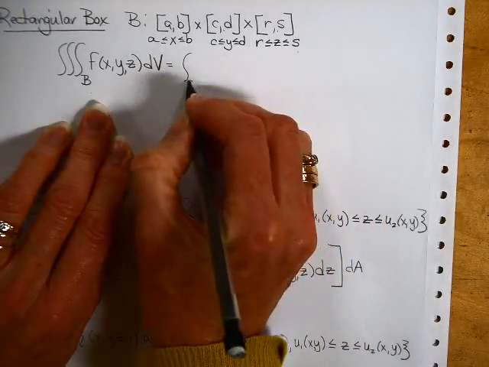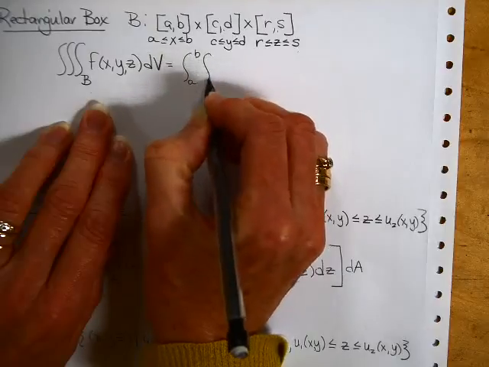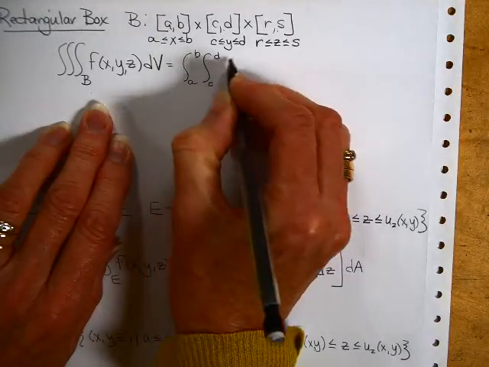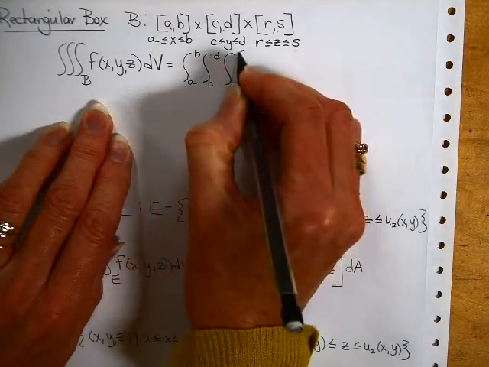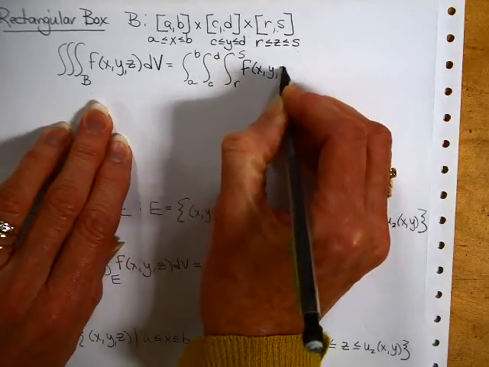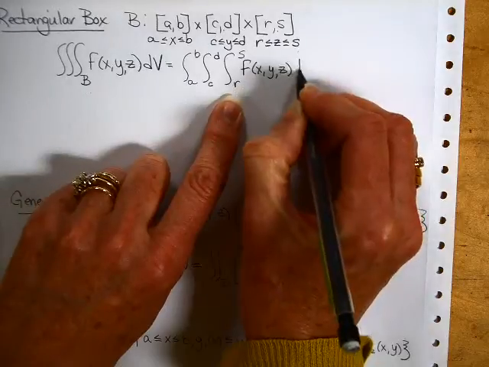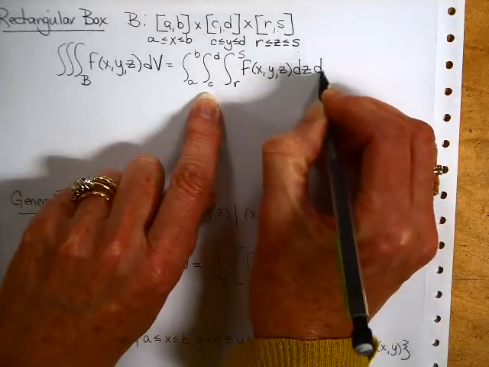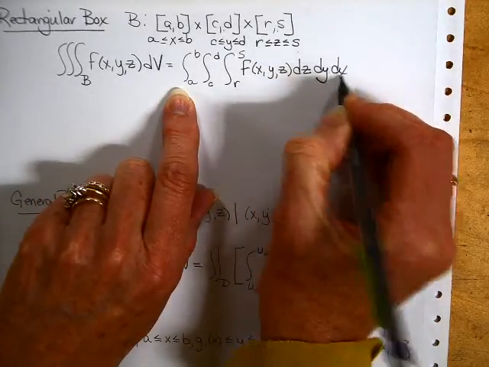So you could go from A to B, from C to D, from R to S, your function in x, y, z. This is dz, this is dy, and this is dx.